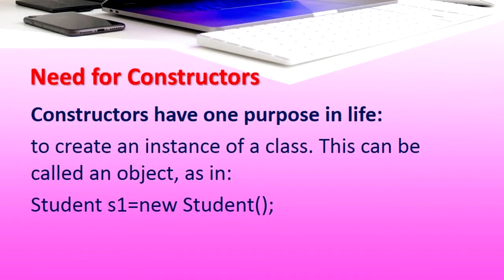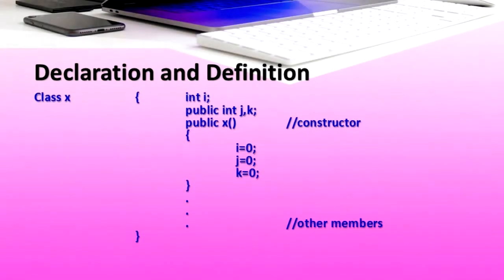Need for constructor: constructors have one purpose in life, to create an instance of a class. This can be called creating an object, as in Student s1 = new Student. The purpose of other methods, by contrast, is much more general. A method's basic function is to execute Java code, declaration and definition.